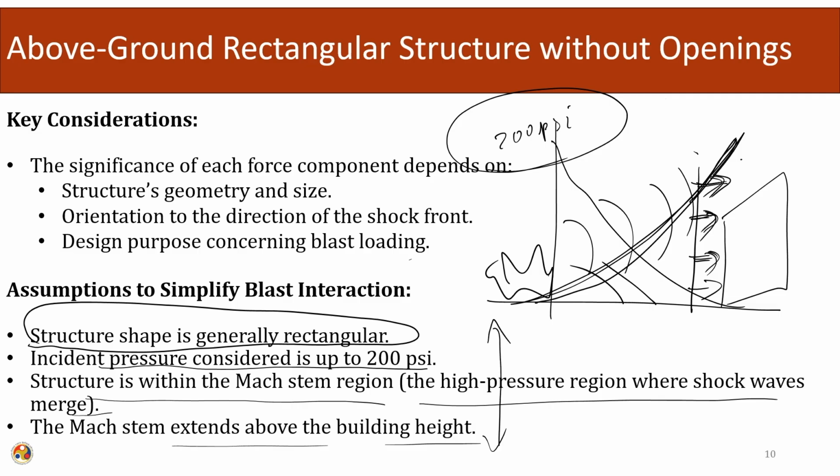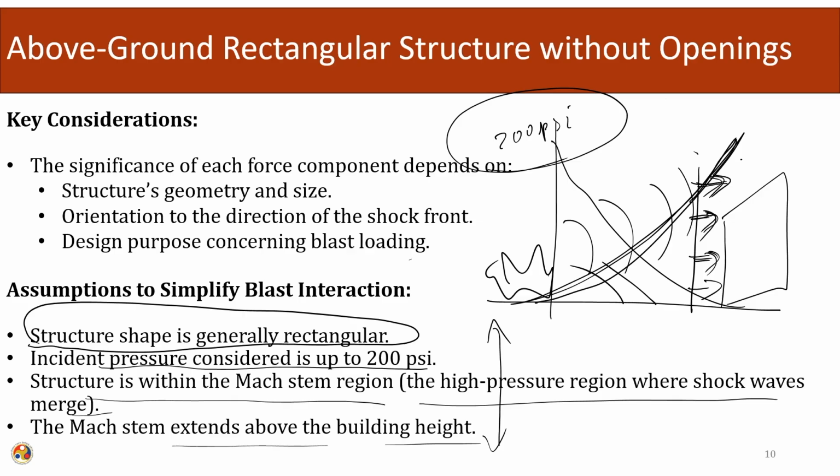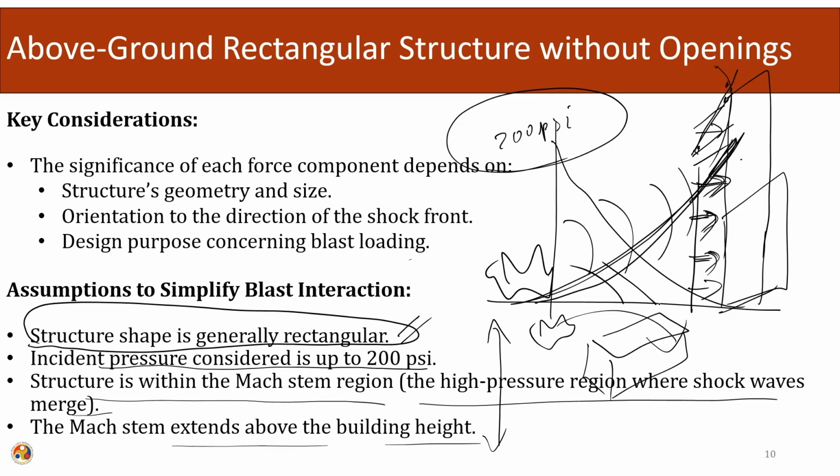Whenever we go beyond these assumptions, we will have to tweak the analysis. Let us say our structure is above the Mach stem. Then the pressure distribution above the Mach stem will not be planar, so it will change with the distance, and we will have to account for this variation. If the structure is non-rectangular, there will be interaction between the curved surface and the blast pressure, so we will have to account for that.